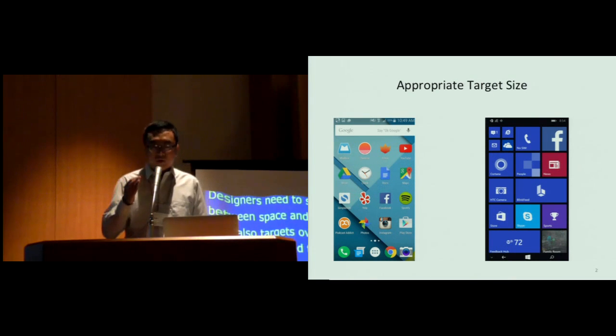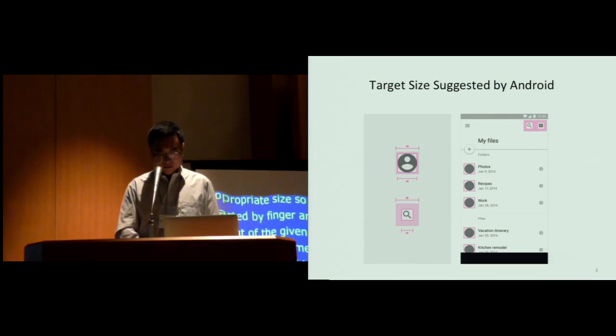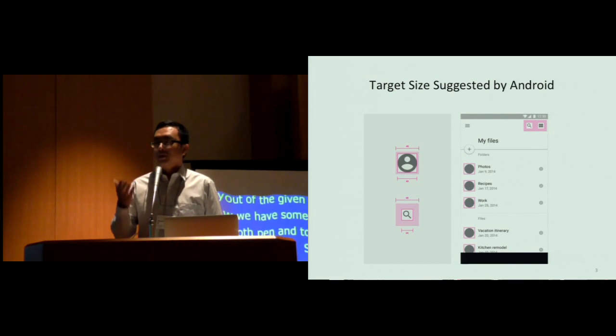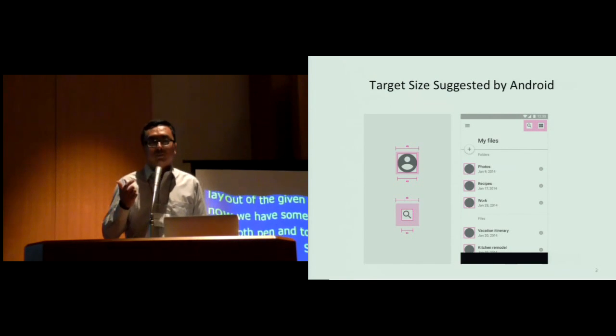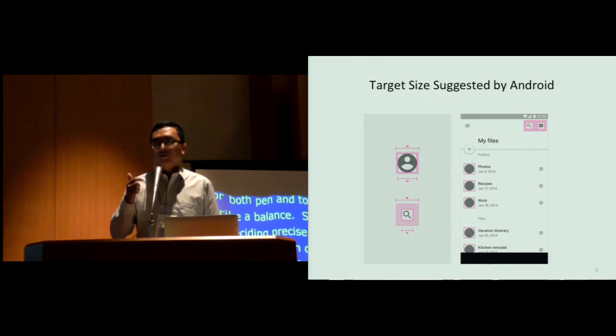All this comes down to deciding the appropriate size of a target for finger. This research question has drawn a lot of attention from the designer community. For example, the Android design guideline suggests that the target should be at least 48 dp big in order to accommodate a finger. And 48 dp is around 7.6 millimeters.